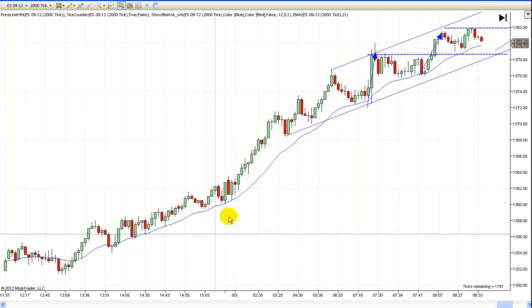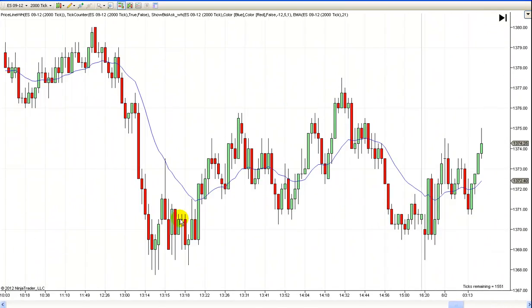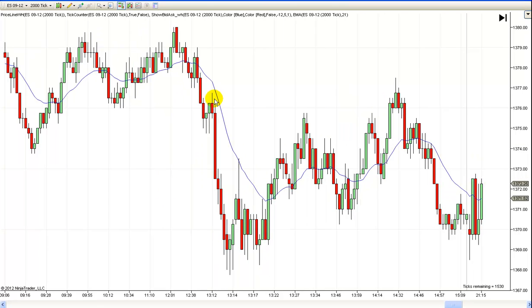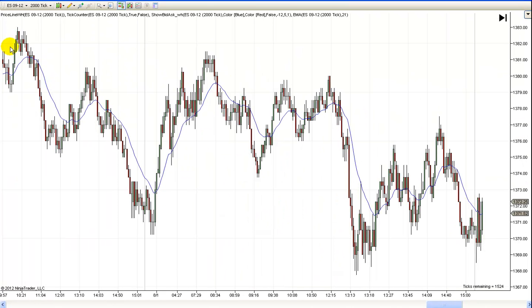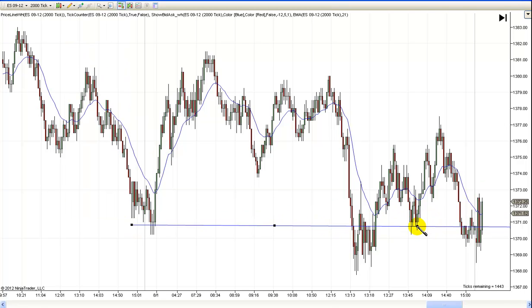Now, if you had a range day, let's go back and find, we've had a bunch of them lately. When you've got a range day like this, let's put our lines on here.